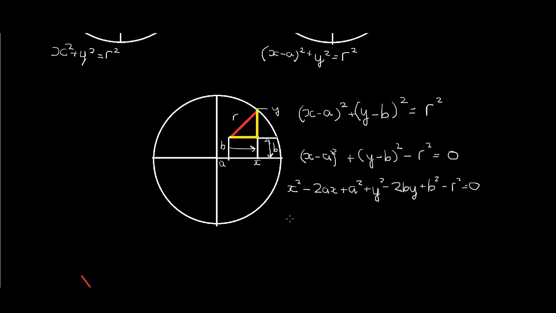Collecting terms, we've got x squared plus y squared minus 2ax minus 2by plus a squared plus b squared minus r squared equals 0. And either of these forms, this one or this one, is acceptable for the equation of the circle.